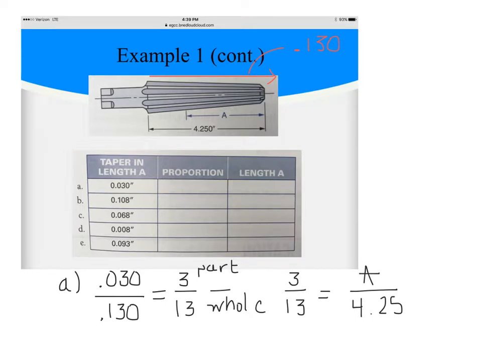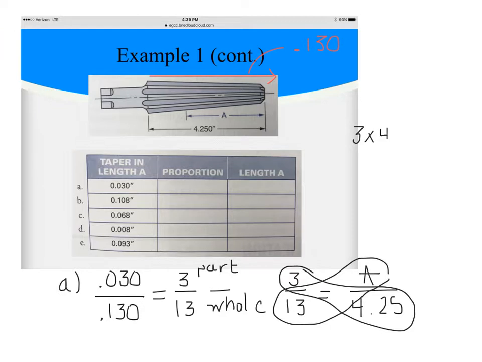So now to find A, we can cross multiply. We'll take the 3 times the 4 1/4, and it will be equal to 13 times A. So 3 times the 4 1/4 is one cross product, and that will equal the 13 times the A, which is the other cross product.